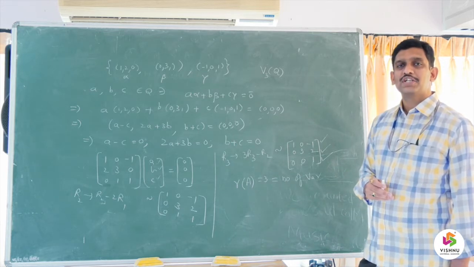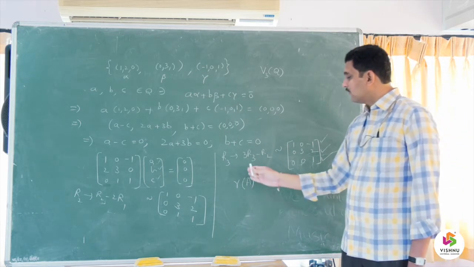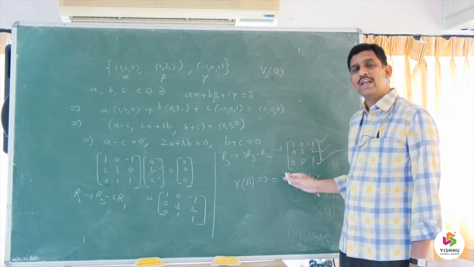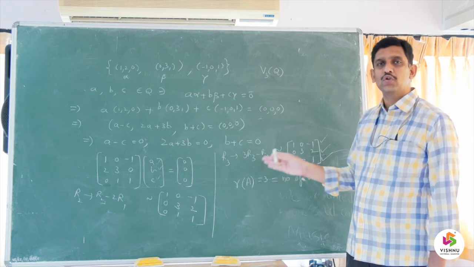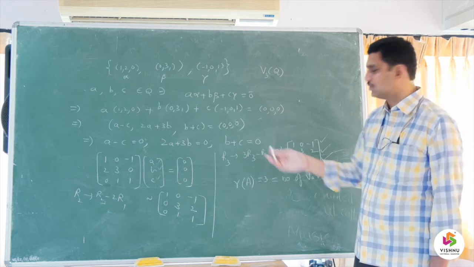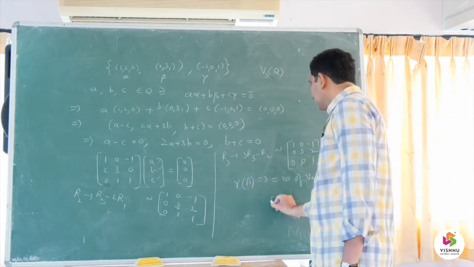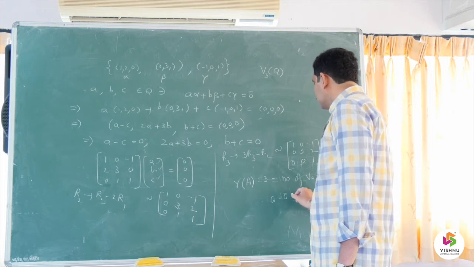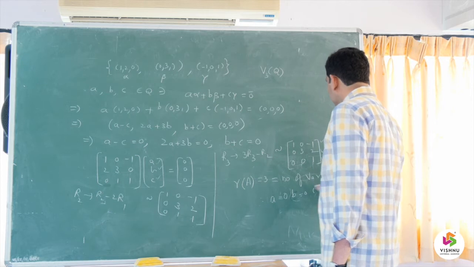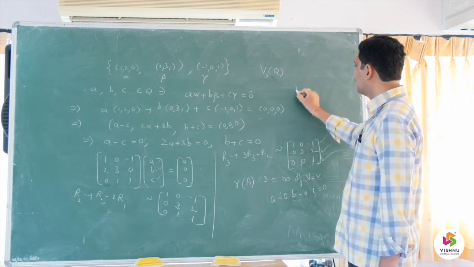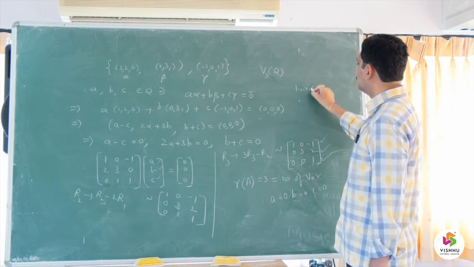As per the previous session, we discussed that whenever rank is equal to the number of variables, that system will have only the 0 solution, or we call it the trivial solution. Therefore, we immediately confirm that A is equal to 0, B is equal to 0, and C is equal to 0, because the system of equations has the trivial solution.